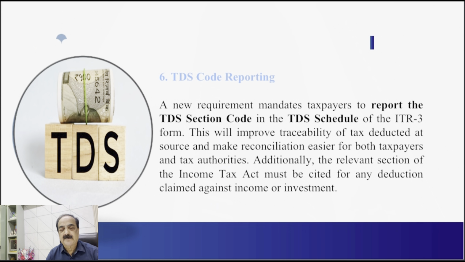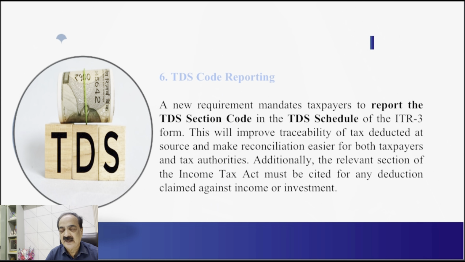The last important change that has been made in ITR-3 is pertaining to TDS code reporting. A new requirement mandates taxpayers to report the TDS section code in the TDS schedule of the ITR-3 form. This will improve traceability of tax deducted at source and make reconciliation easier for both taxpayers and tax authorities.